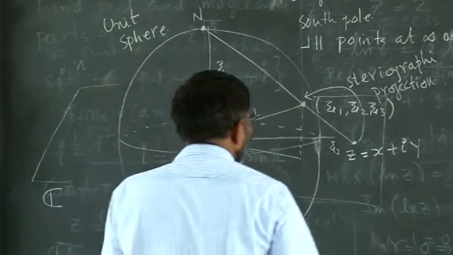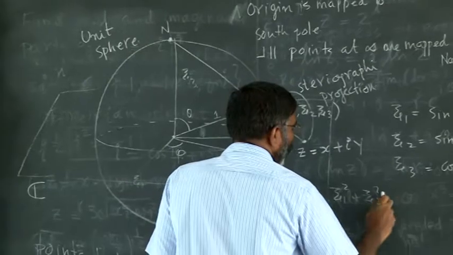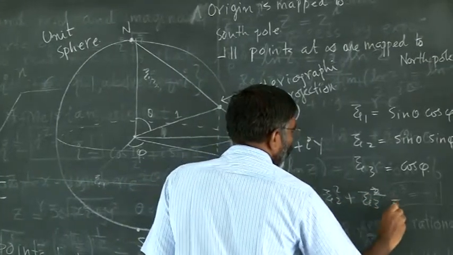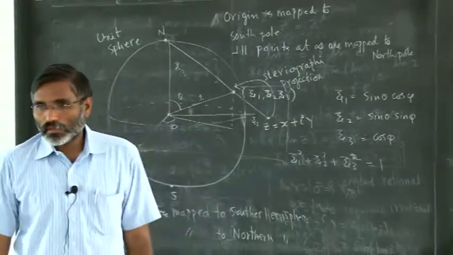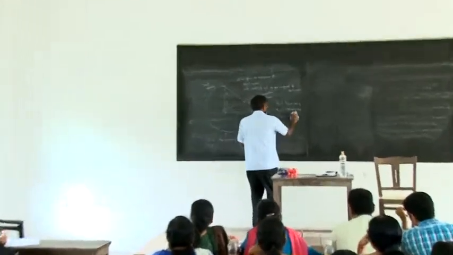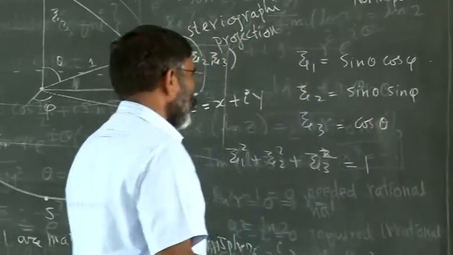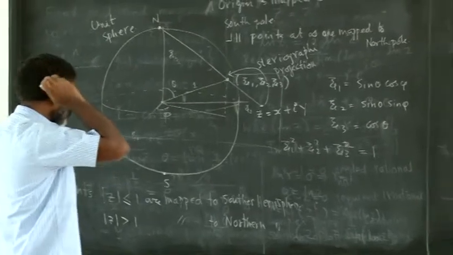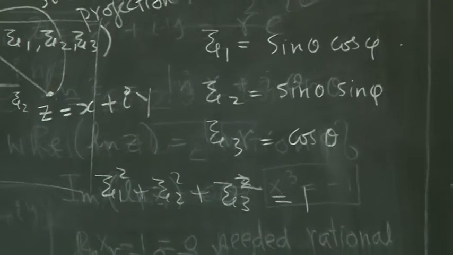And as we know, xi1 squared plus xi2 squared plus xi3 squared equals 1. Okay.